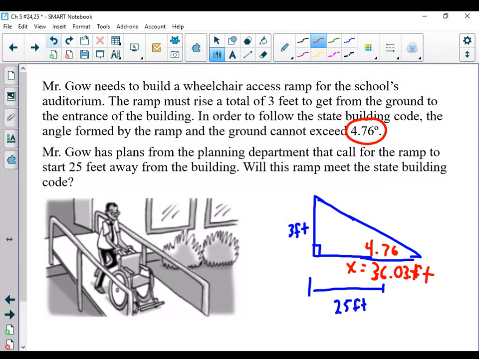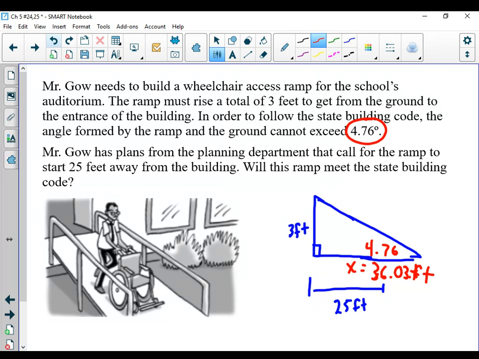If I thought about going 12 yards away from the building with my ramp, I'd be out in the parking lot, wouldn't I? So what do they usually do with ramps to make sure that they're not too steep? Make it longer. Maybe make it longer, but I'm still going to end up further away, right?